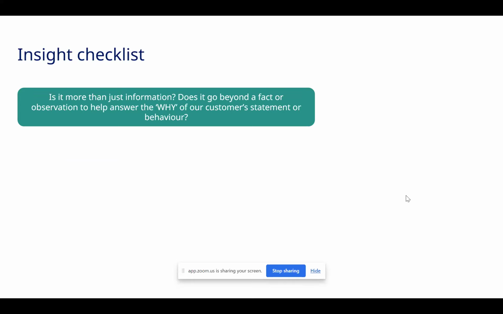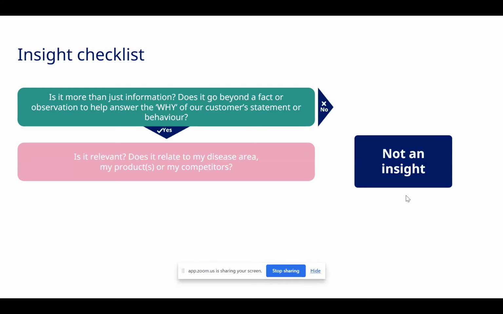Now to make it more meaningful, you can create a checklist. Is it more than just information? Does it go beyond a fact or observation to help answer the why of our customer statement or behavior? If this is a no, then it's not an insight. If it is a yes, then think: is it relevant?